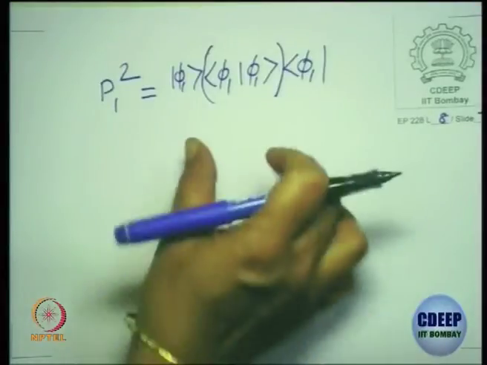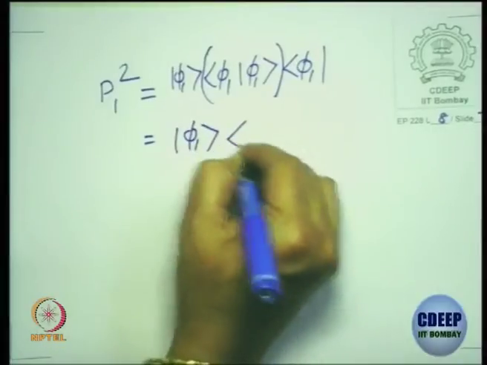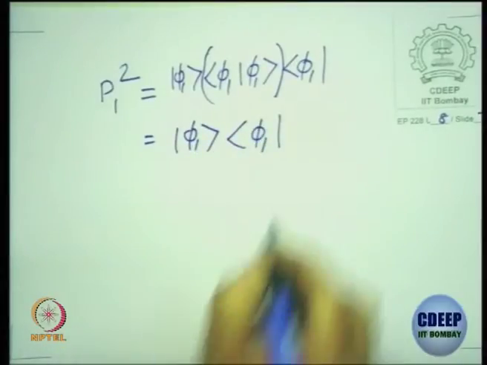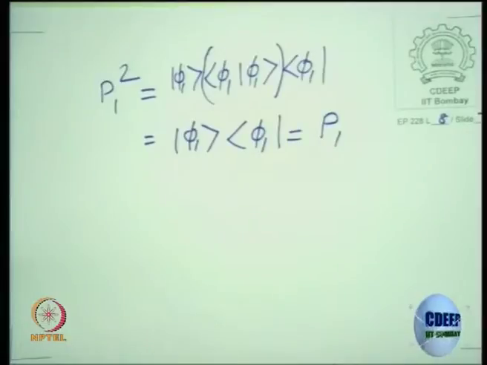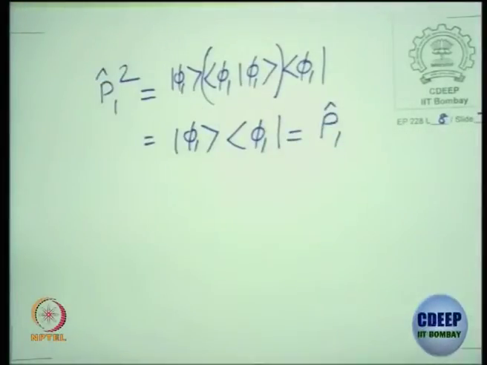So, that is 1. So, this is the same as phi 1 phi 1. That is the property of a projection operator. Sometimes I do not put the hat, but from now on you should know that whatever we are doing, when I write an outer product, it is an operator. So, this is the property of the projection operator.